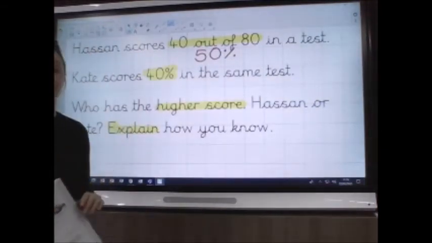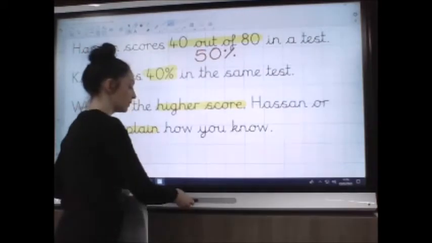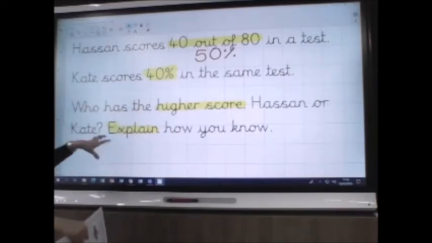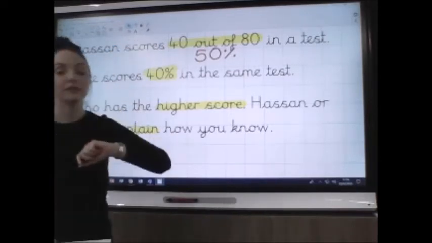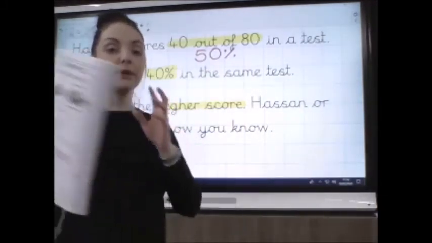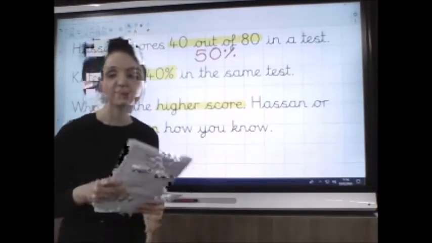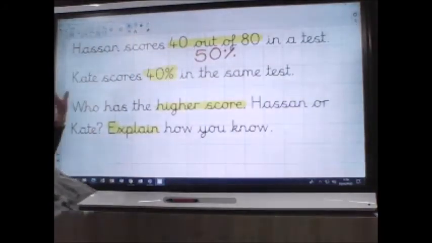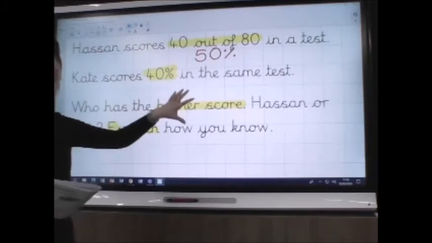And then you need to explain your answer. Okay, so you need to say, I know, sorry, whoever's got the highest score, because 40% of 80 is this, or because 40 out of 80 is 50%. Okay, so just make sure you explain your answer. So that's if you're choosing to do those questions.